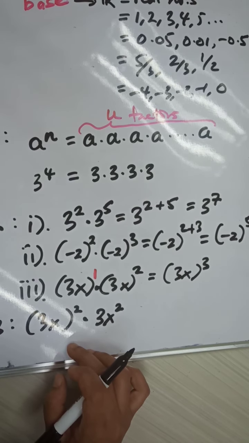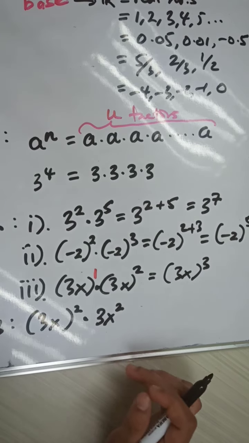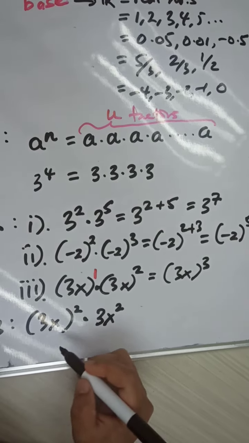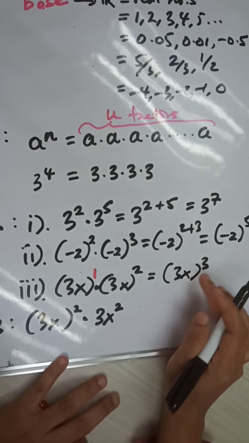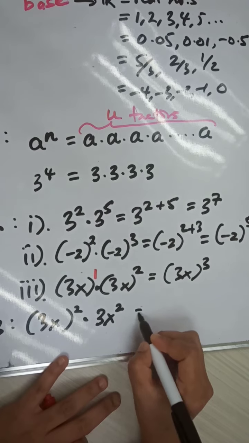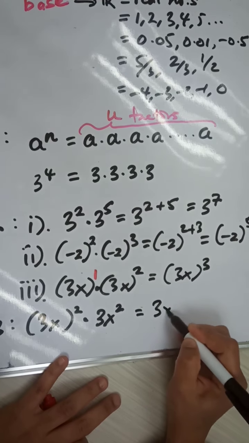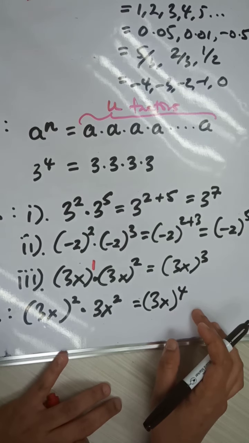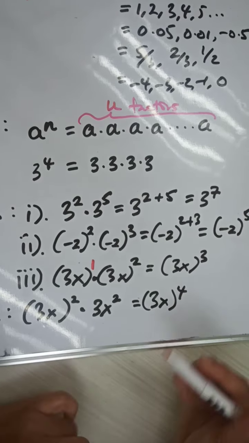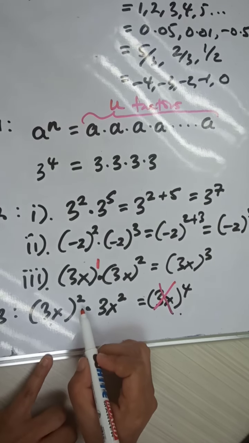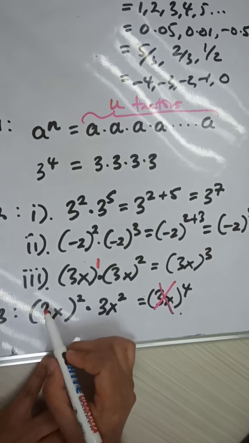Actually this one we cannot solve like in the previous example, where we have 2 and 2 and the final answer is 3x power of 4. Is it correct? Actually this is wrong, because here we have a different expression.